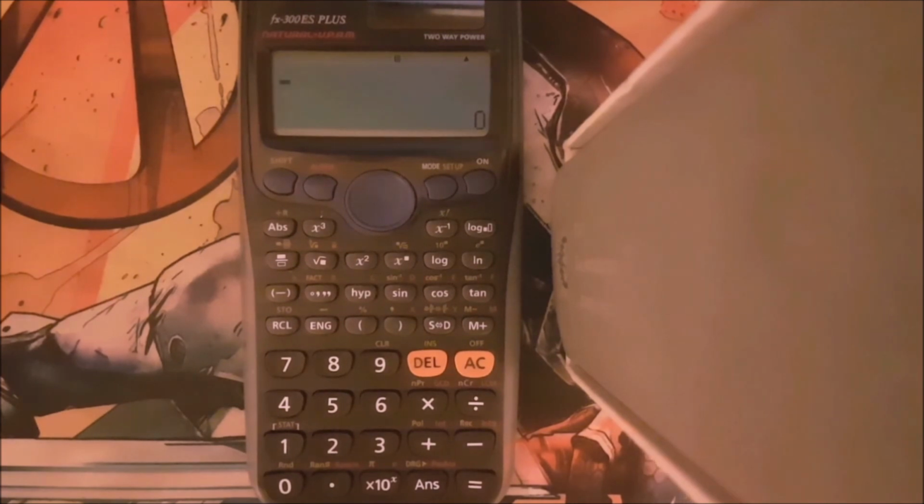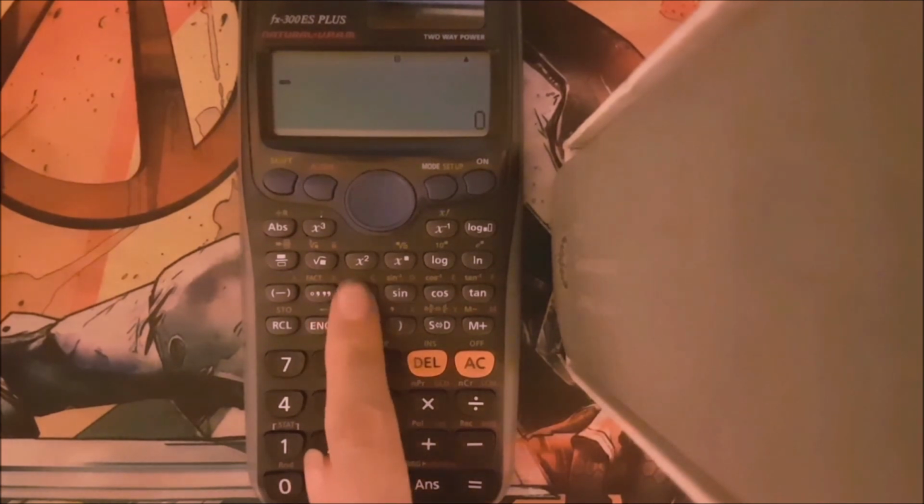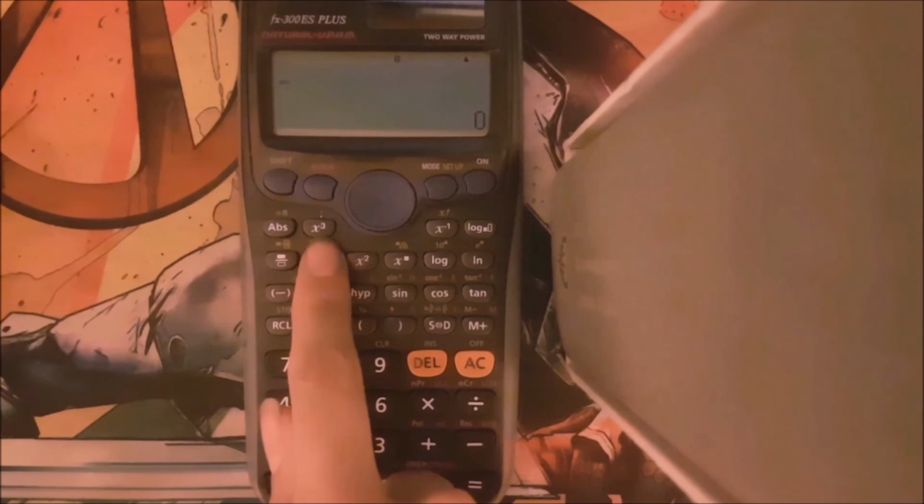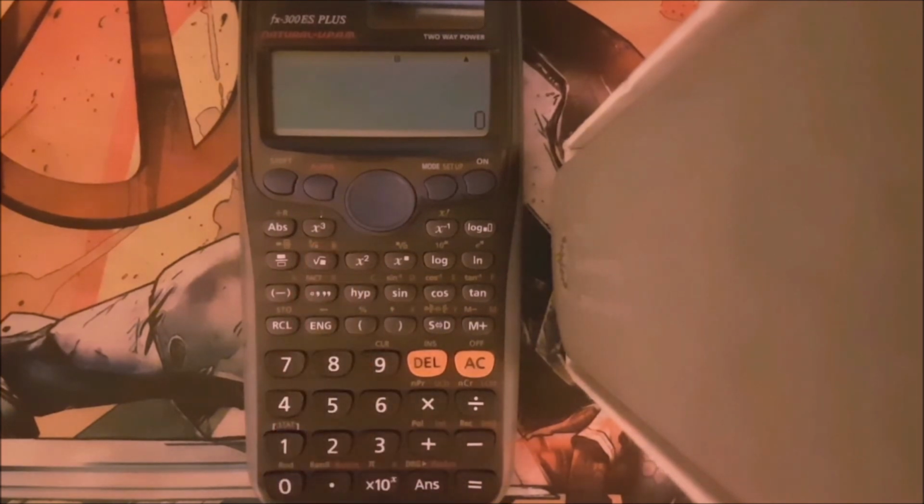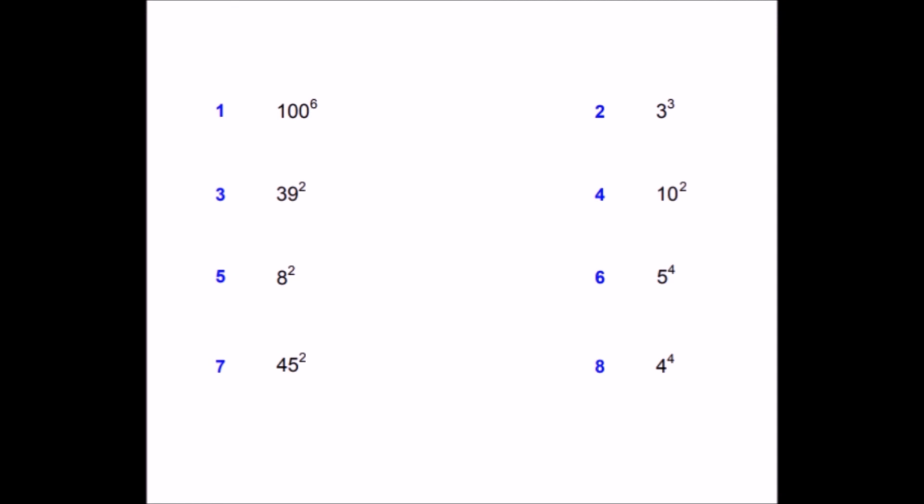Some calculators, including my one, also have a shortcut for working out something squared or something cubed. So if I wanted to work out 29 squared, I could just put 29 squared equals 841. Or I could do 29 cubed if I wanted to know what that was, which is 24,389.